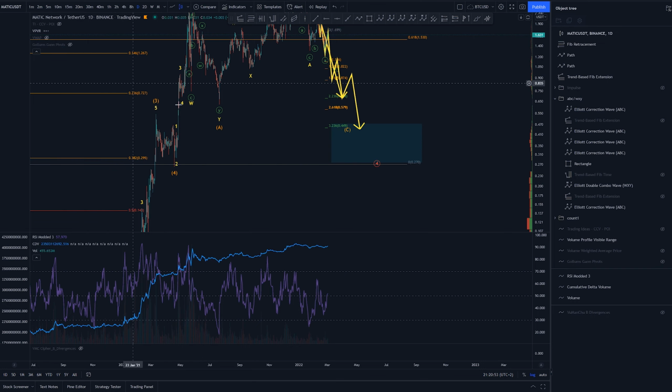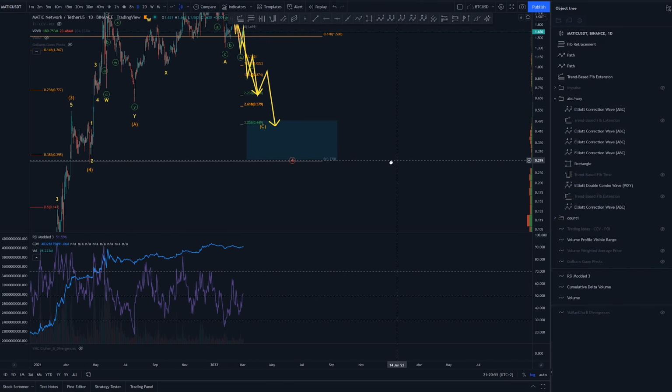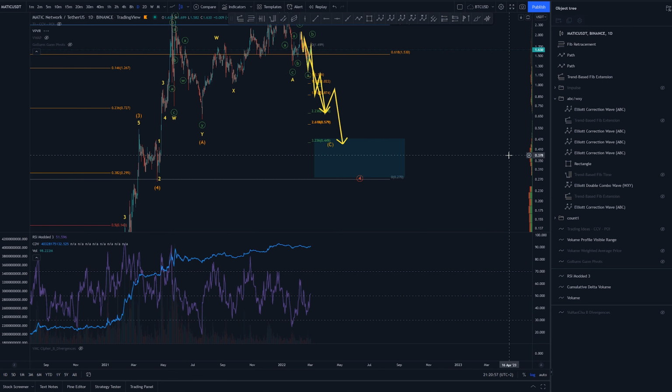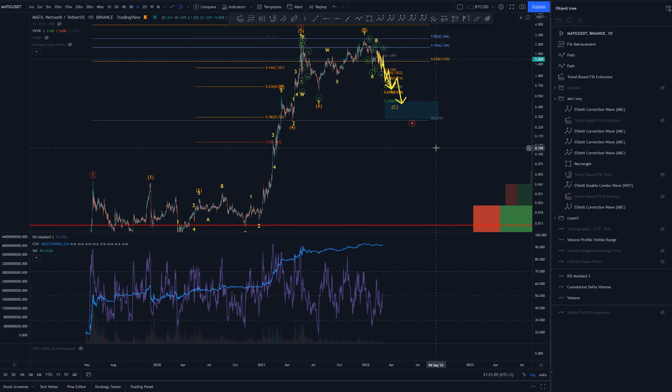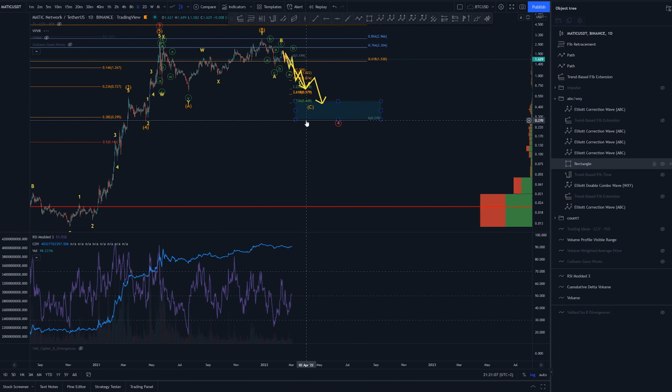We can also check out some volume profile here, and we see there is some kind of bump here just because of this price action here. Now if this doesn't hold, there is some structure here, but not too much.